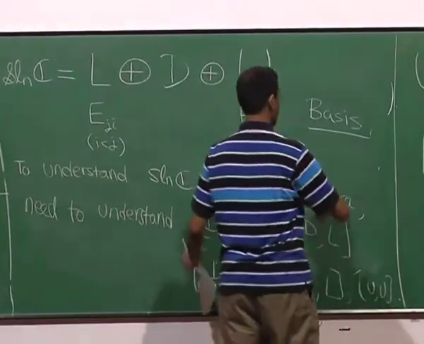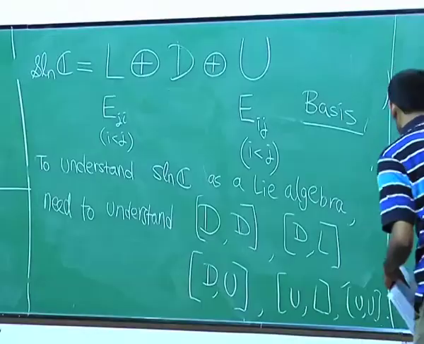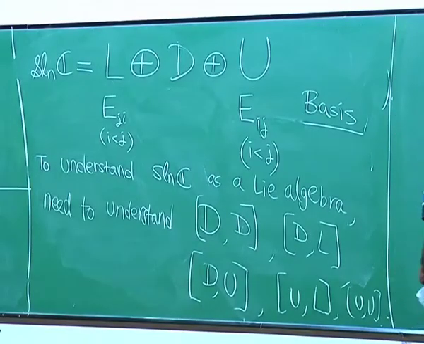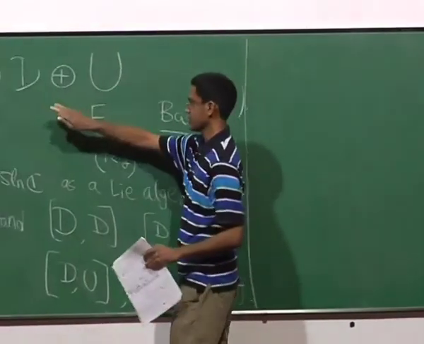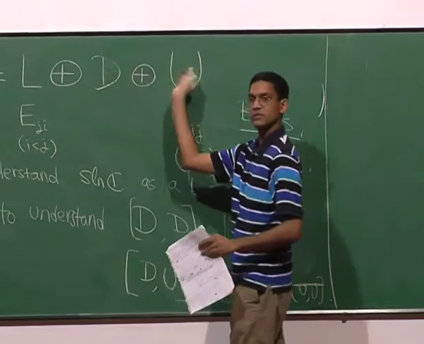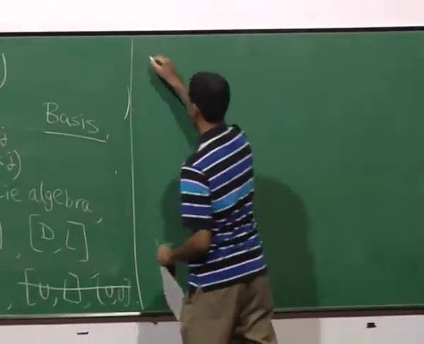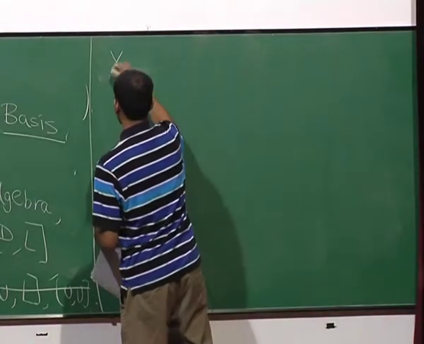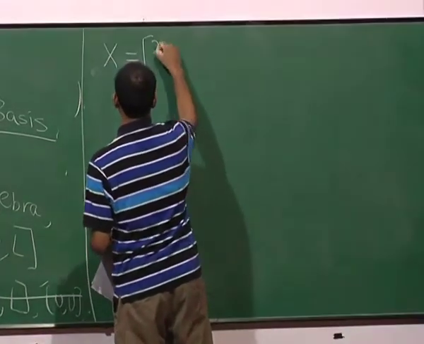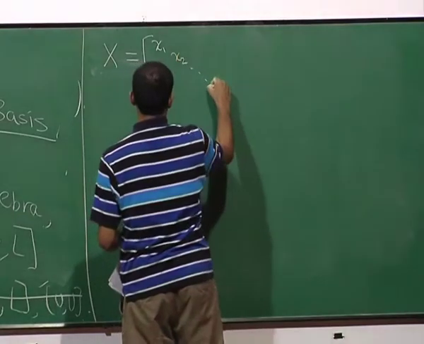And so let's just do it for our Eij's. So at the moment, I'm not going to worry about these. I'm only going to keep D as somewhat sacred and figure out how D commutes with all the other guys. So what's the bracket of D with itself? So let's pick an element, call it x1, x2, ..., xn.